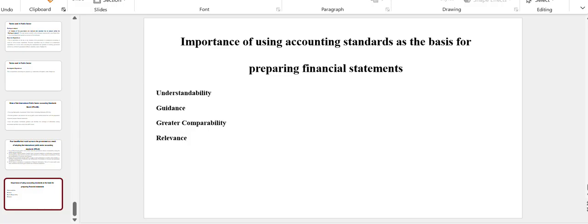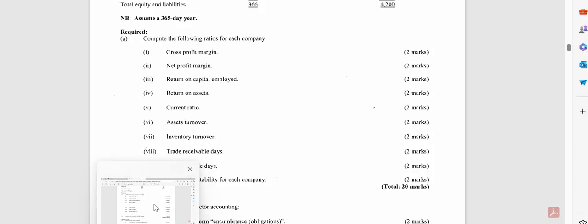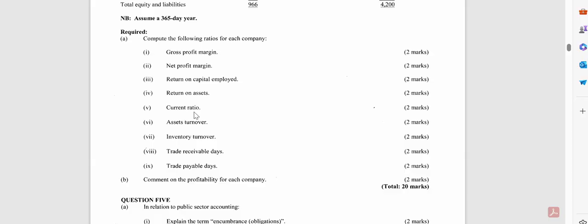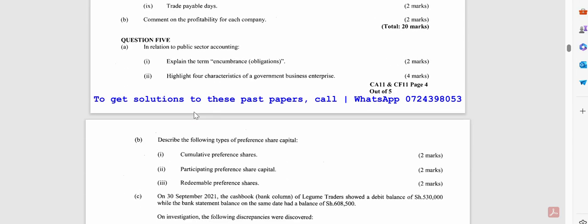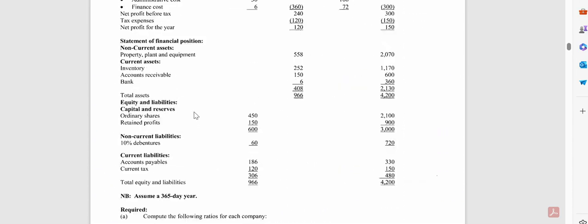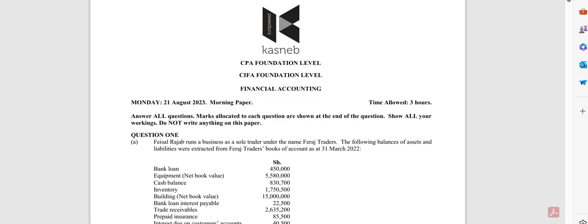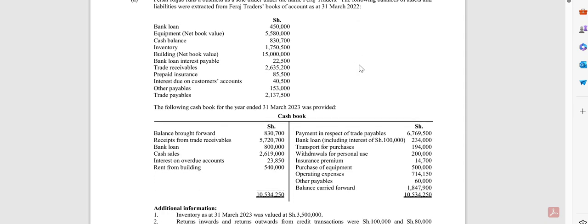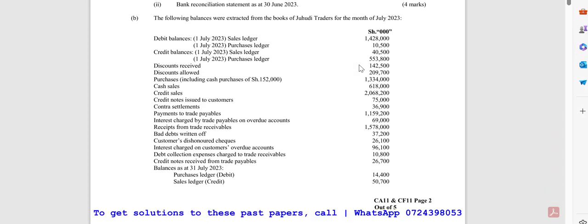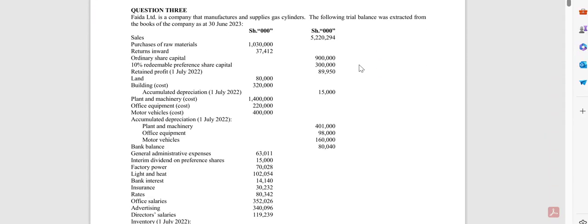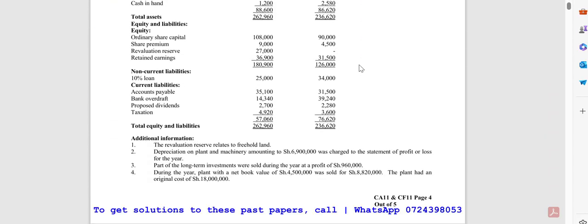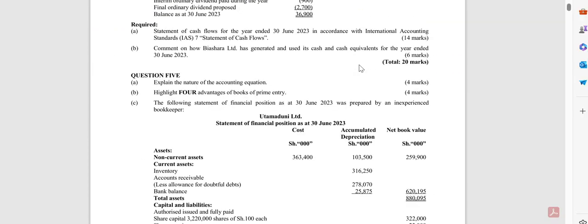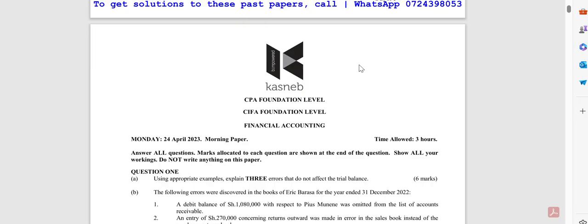But I want us to go to the past paper and see whether we can get some theoretical questions. Let me start from the first one. So, any question before we go to the past paper on public sector? It's supposed to be easier. Any question or are we okay?